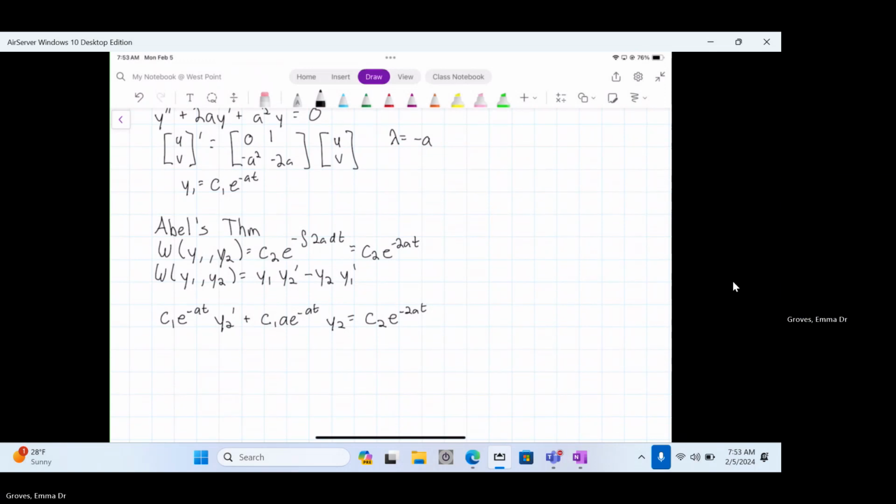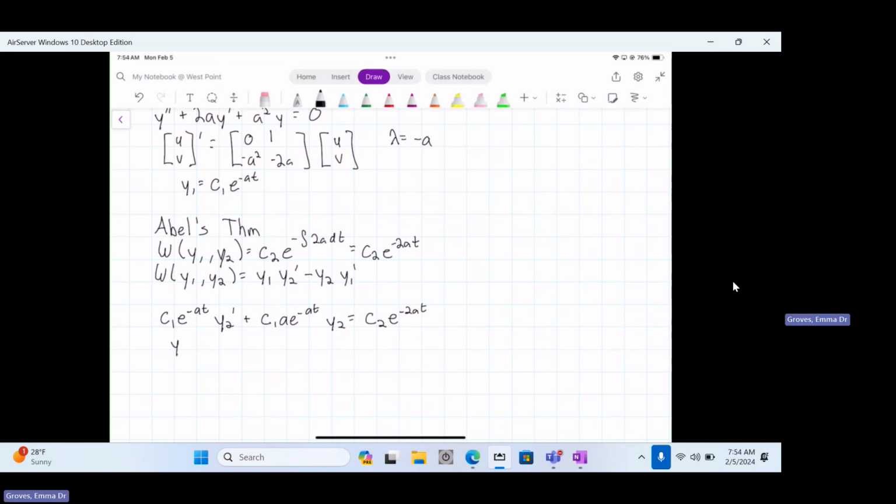What do you want me to do here? I think if I can get these e's to the other side, and maybe even the c1s, I'll get something that's just like a y prime and a y, right? So it'll look like kind of a nice differential equation. So how can I accomplish that? Yeah, so I'm going to divide everything by c1 e to the negative at.